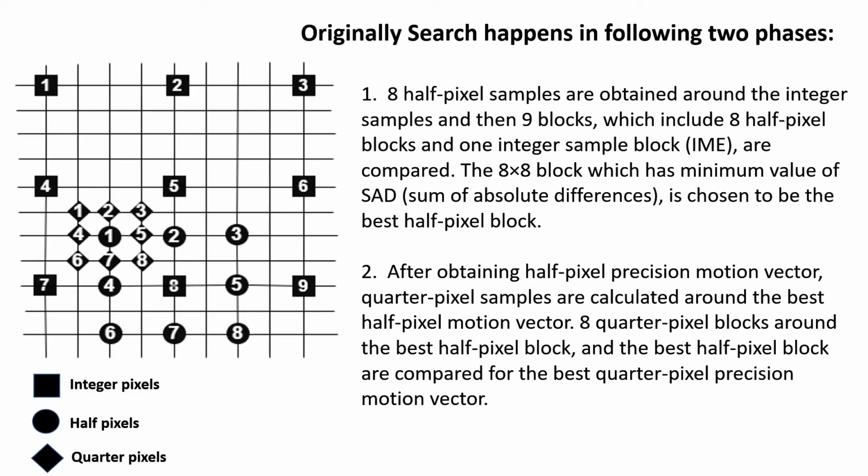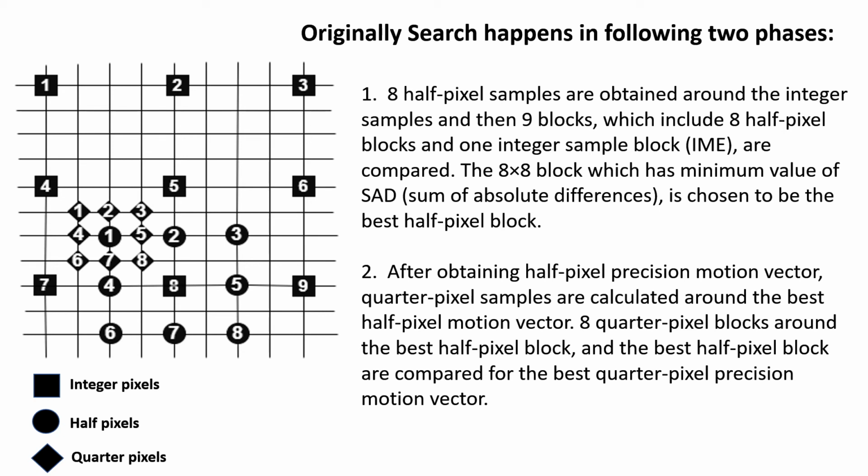Now originally the search happens in the following two phases. First we form 8 fractional blocks with half pixels around the integer, as you can see in the circle, 1 2 3 4 5 6 7 and 8.